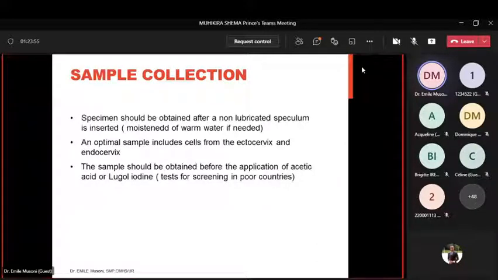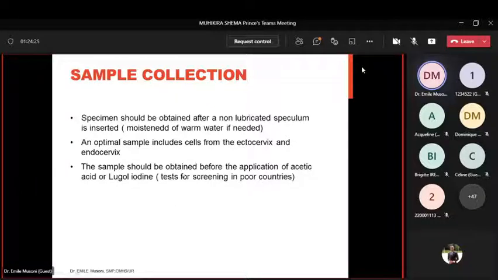The sample should be obtained before application of acetic acid or Lugol's iodine. Acetic acid is also used for screening of cervical cancer, what we call visual inspection with acetic acid, or Lugol's iodine. Here you see some acetowhite lesion. When it is white, in that case we find that there may be a lesion on the cervix.